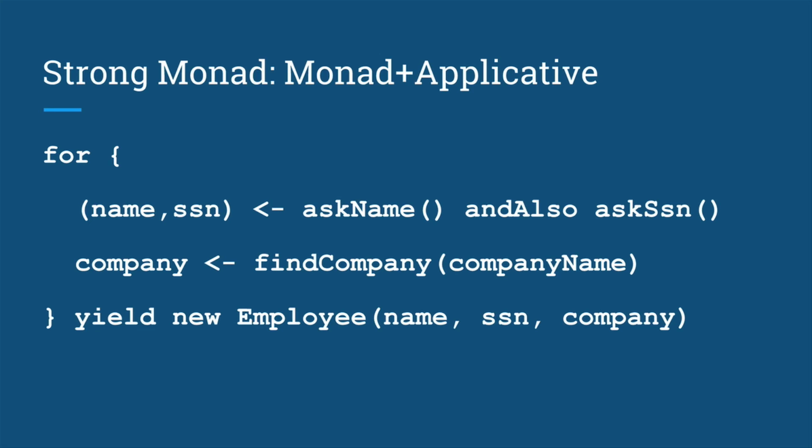It either returns a name or returns a description of failure because of this and that, so it's like Try. And suppose, well, Try is not applicative, but suppose there's another function, SSN, that also either returns a good result or returns failure. And we can do this also on that stuff.